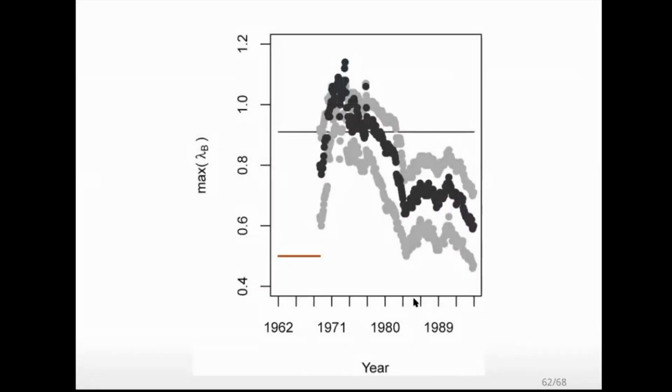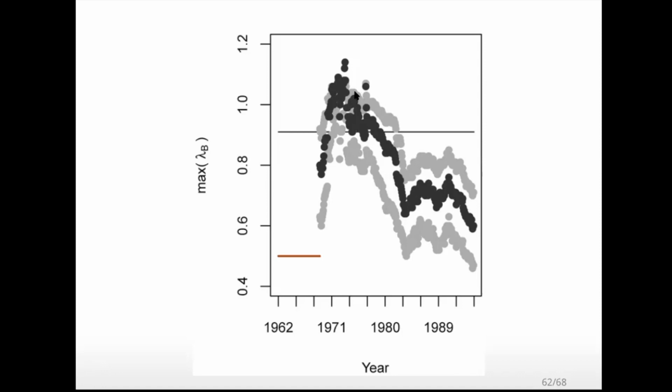And you can estimate that B matrix for different windows of time and look at changes in the stability. So this is a measure of the maximum eigenvalue. So that is the measure of the return rate. And you can see that what it looks like is that the system has become more, let's see, the rate of return.